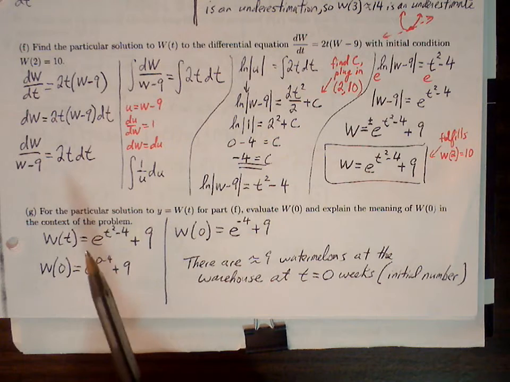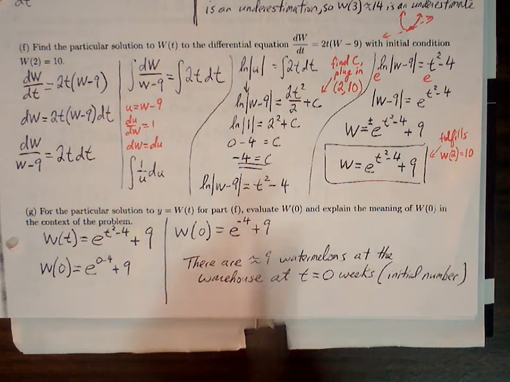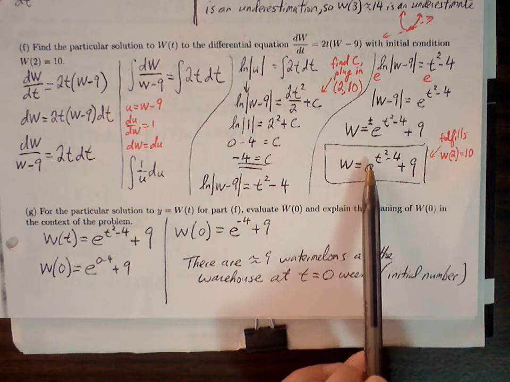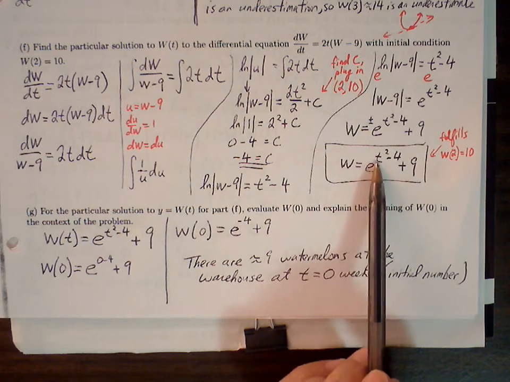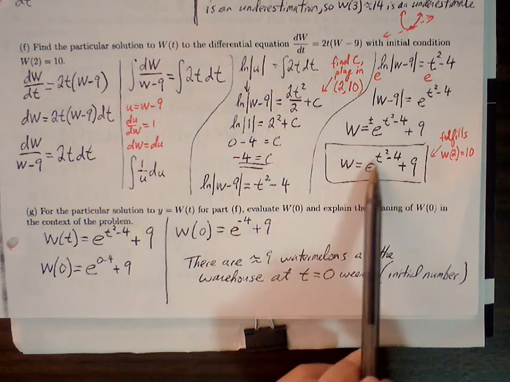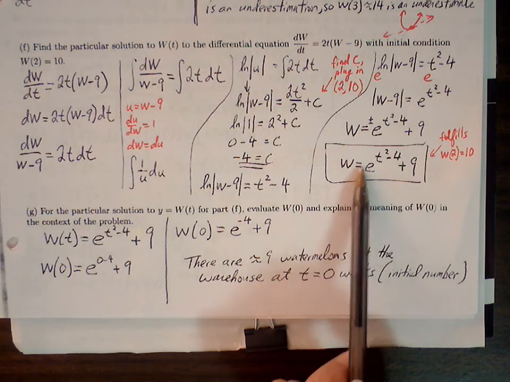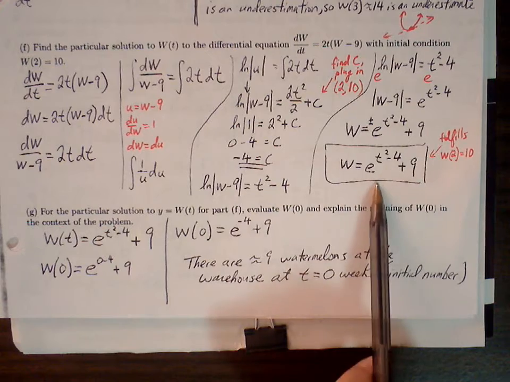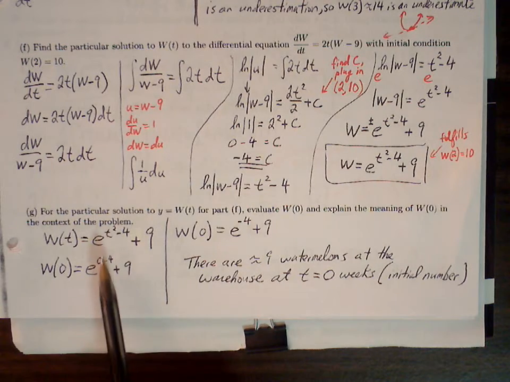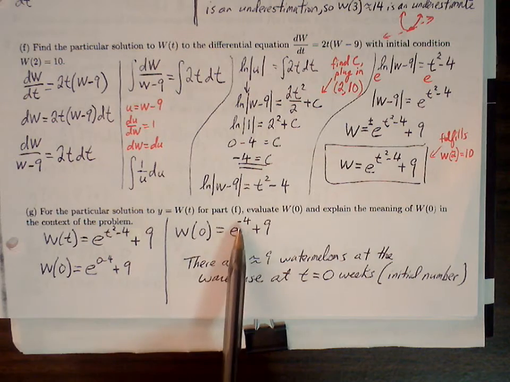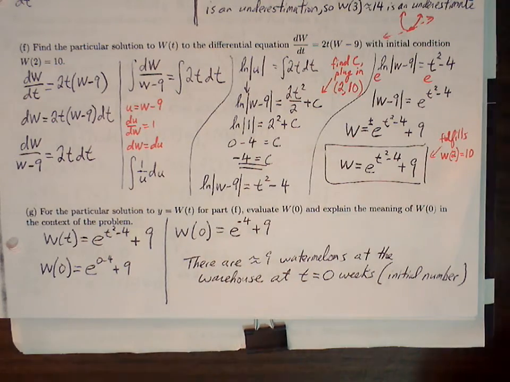All right, part G. For the particular solution that we found, evaluate w of 0 and explain the meaning. So we're going to just find w of 0, plug 0 in for t. The t represents time in weeks. So that means in 0 weeks, how many watermelons are there? So if we plug 0 in for t, we get e to the 0 minus 4, which is e to the negative 4, which is 1 over e to the 4th.